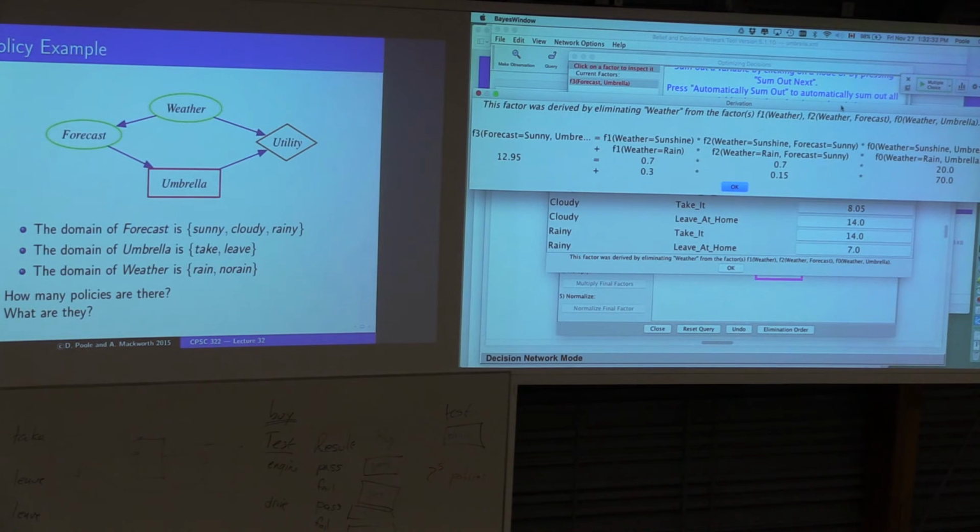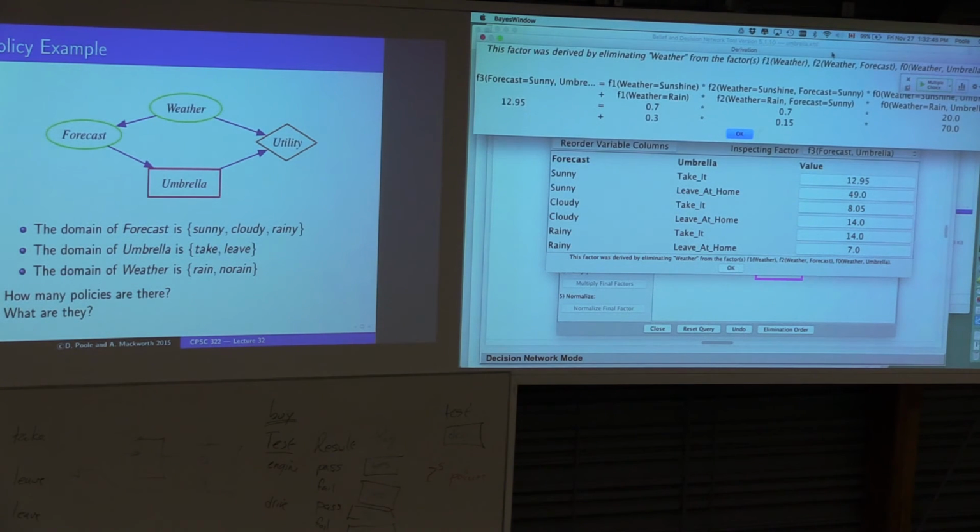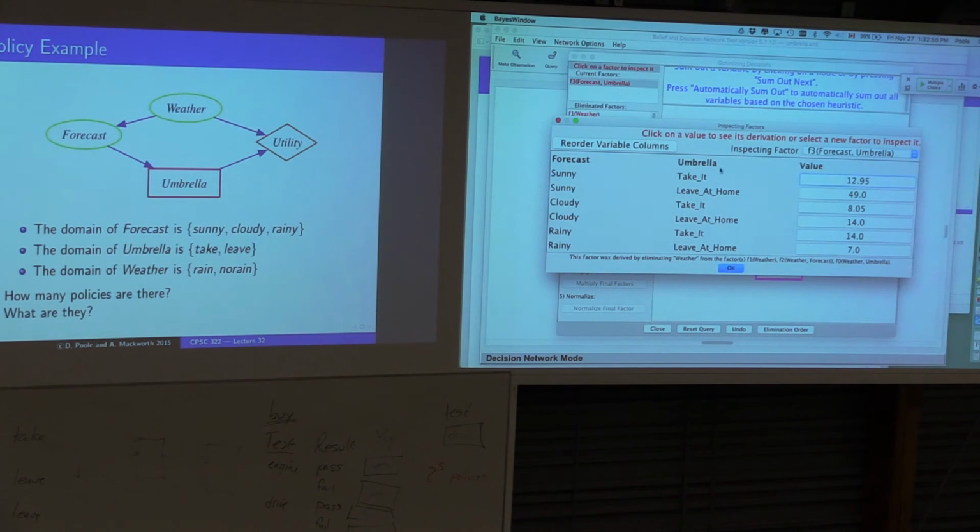It multiplies these three numbers. So it looks at both the cases of weather as sunshine and weather as rain. And here it's looking at the case where the forecast is sunny and the umbrella is taken. So that's how it gets the 12.95. It's just what we've done before all the time.